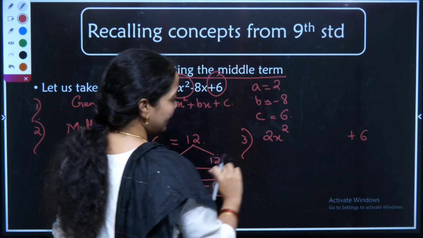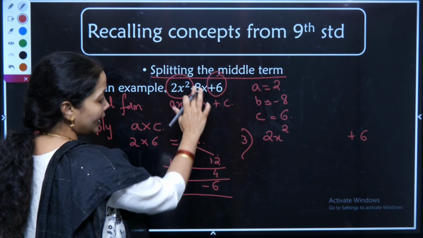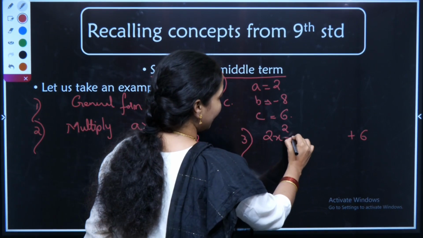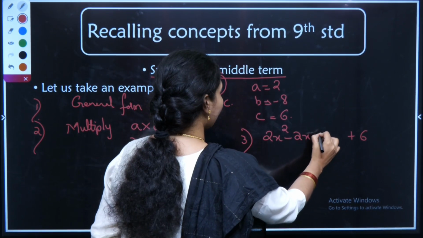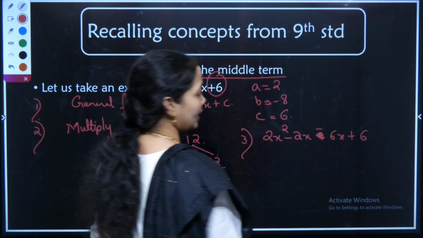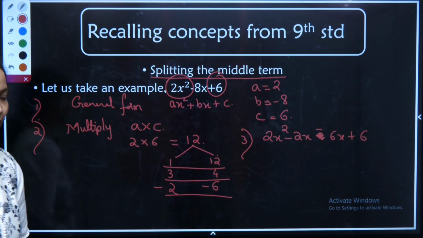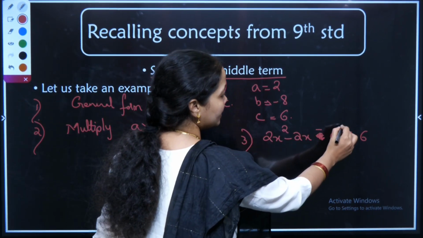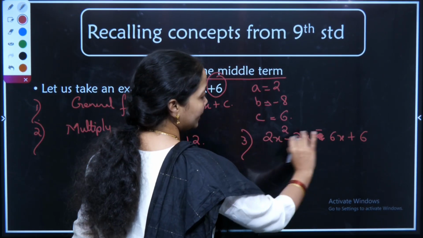In between, instead of the negative 8x, I will take this split format, that is minus 2x plus 6x. Sorry, negative 6x. Both are negative, then only I'll get negative 8, right? So 2x square minus 2x minus 6x plus 6. How can I split this?